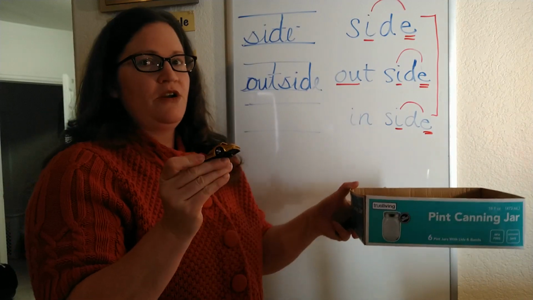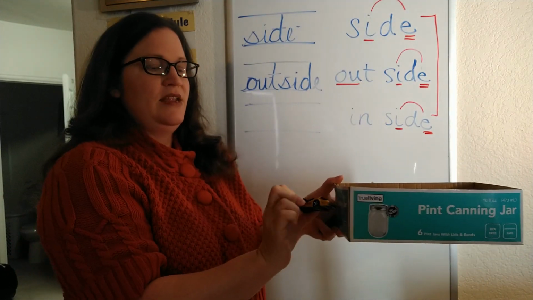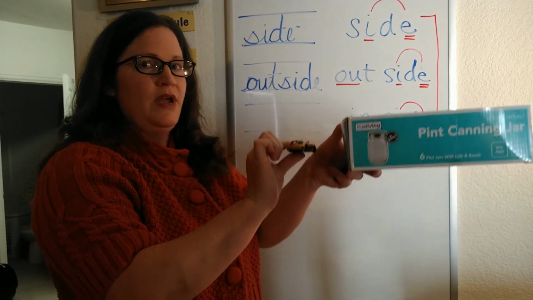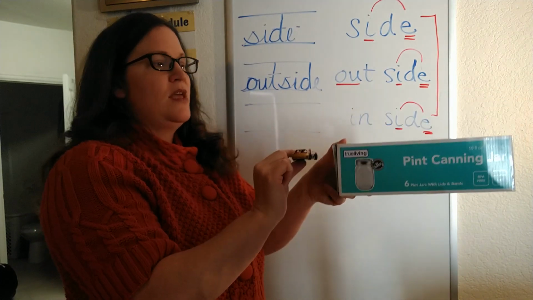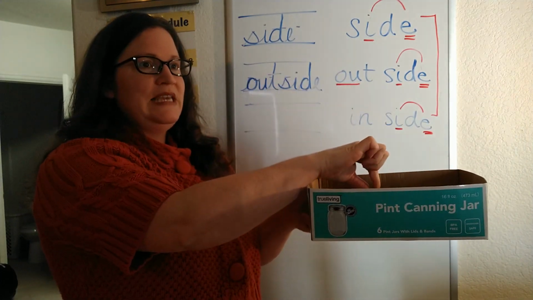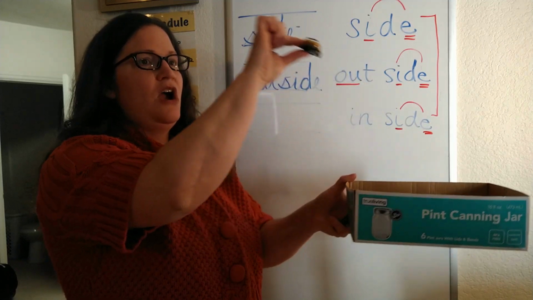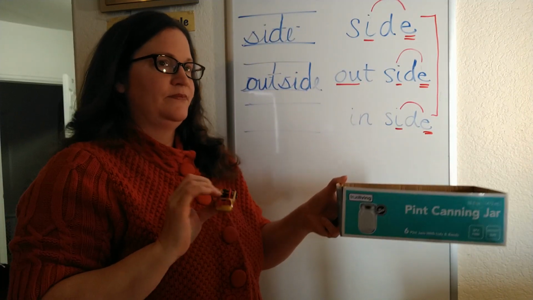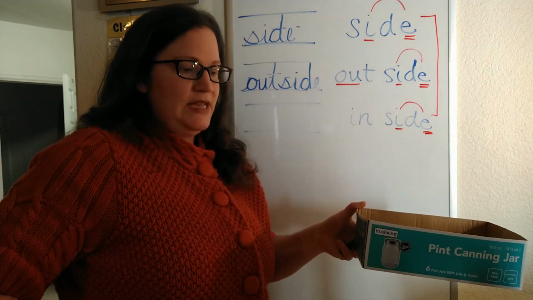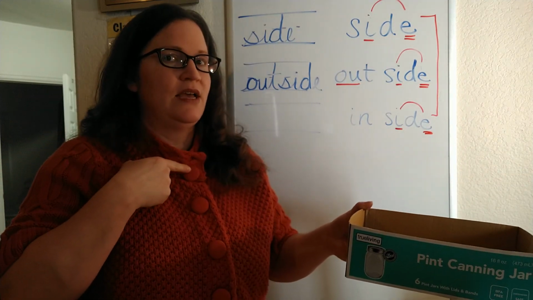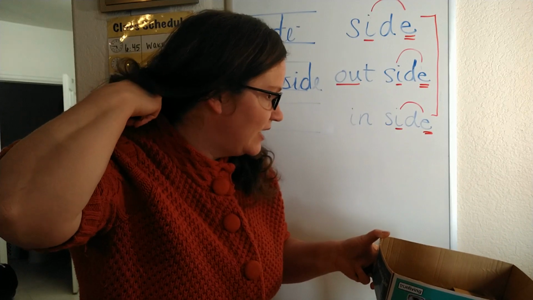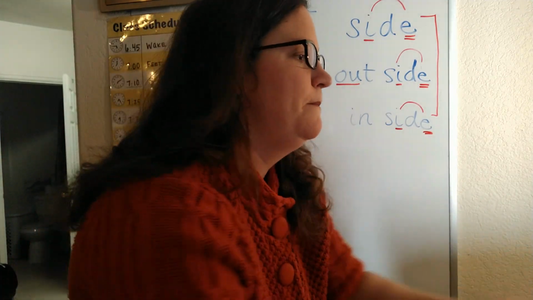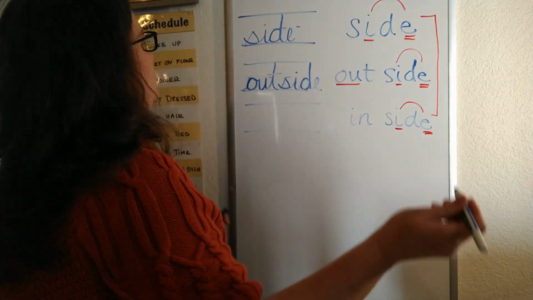So the car is to the side of the box, right? Now the car is inside. Now the car is outside. I have a shirt on my side. The button is on the outside. The tag is on the inside. Those are prepositions. Let's do some cursive.